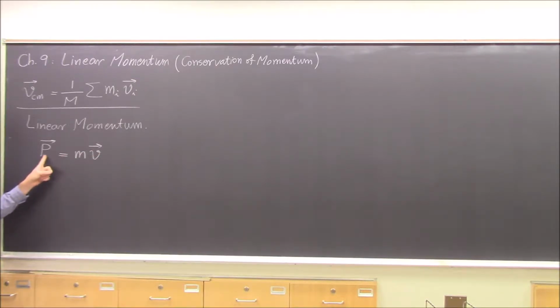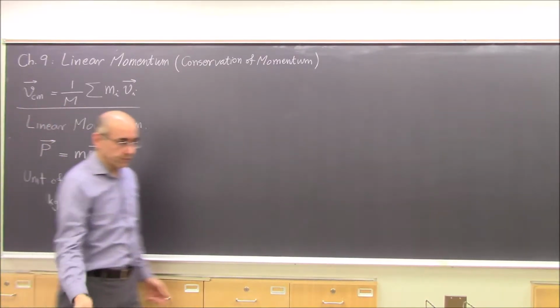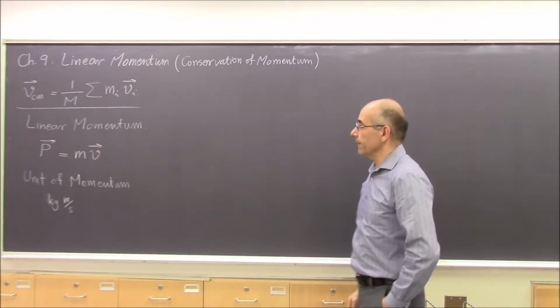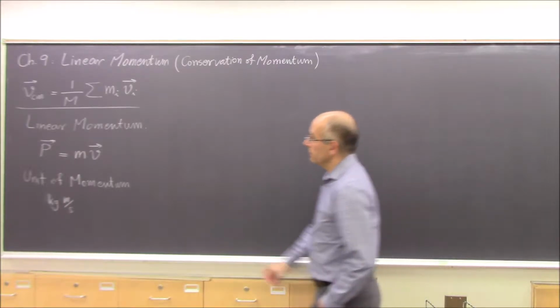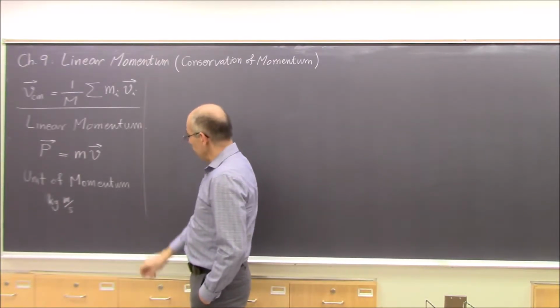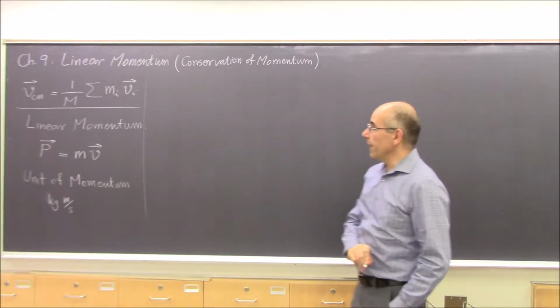It's very important. Momentum is a vector. It's not a scalar. And its unit is kilogram meters per second. We don't have a name for it. We just call it kilogram meters per second. That's the unit. And this turns out to be an important quantity. And I'm going to show you how and why.